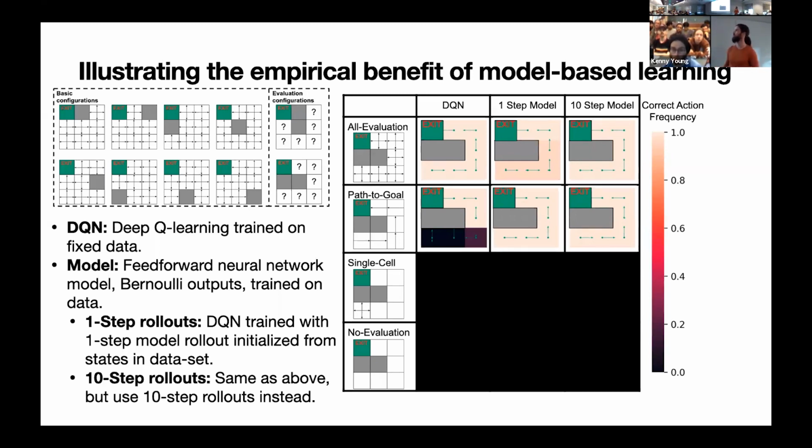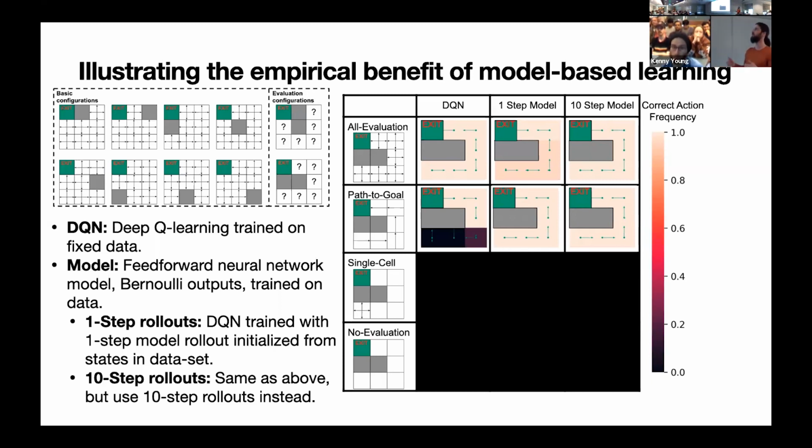In those configurations, it's always better to go up than to go right. Going up is optimal in almost every case, except where there's a wall in this middle cell. Even then, going up is still better than going right, because it just bumps into the wall and stays in place, which is better than moving further away from the goal, as it would if there's only one wall in the way.